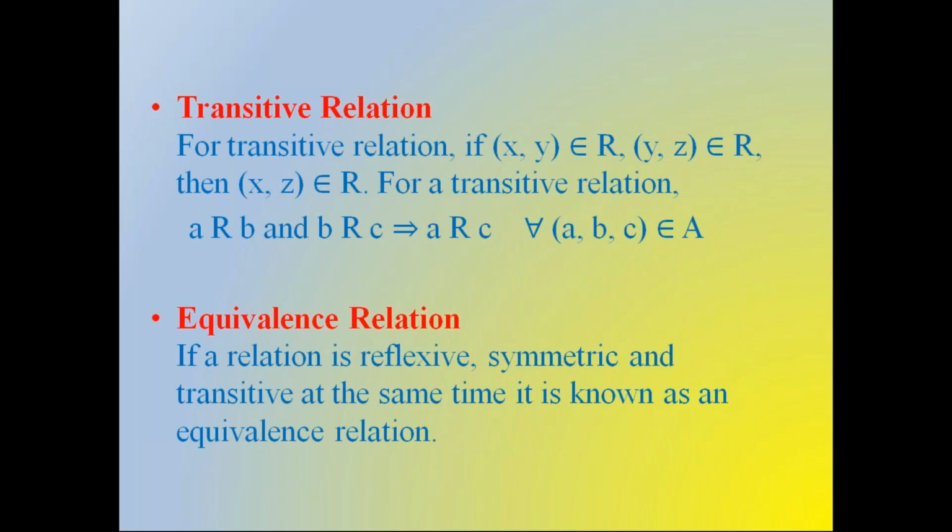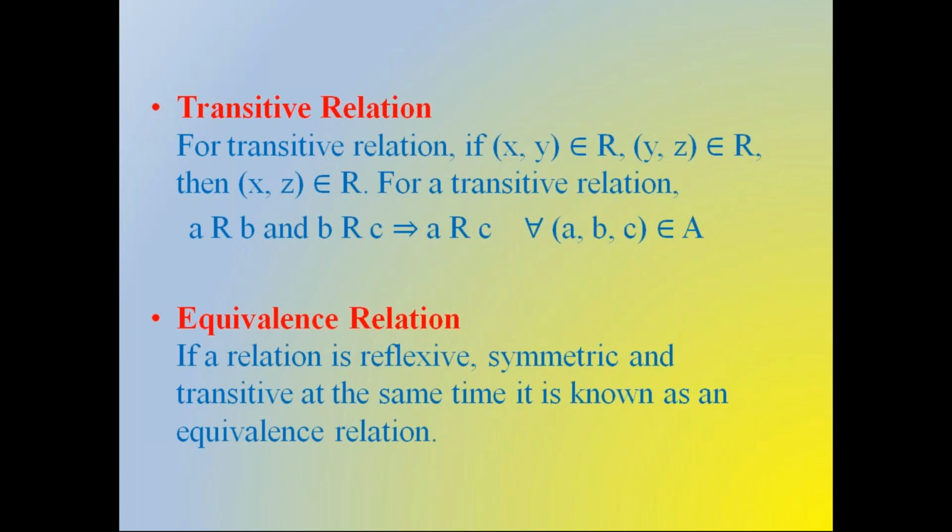So the condition is if a is related to b and b is related to c implies a is related to c, for every a, b, c belongs to capital A. For example, in the set A {1, 2, 3}, the relation set may be: the ordered pair (1, 2) and the ordered pair (2, 3) implies the ordered pair (1, 3). If it belongs to capital R in the relation set, then the transitive condition is satisfied.